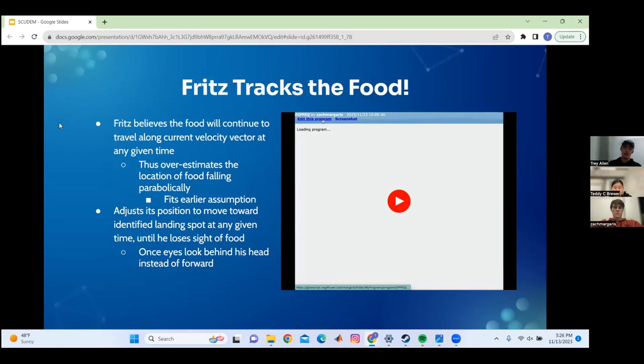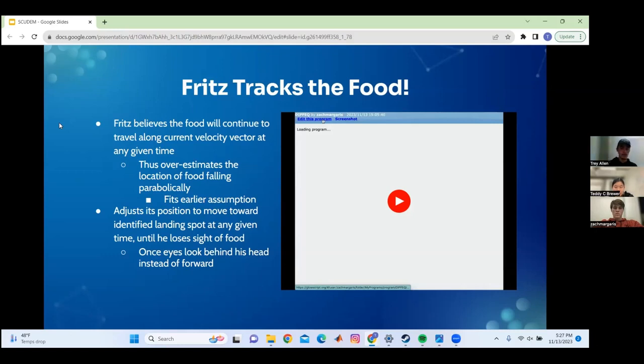This fits our earlier assumption that Fritz will overestimate the location of the food, because he will always be too far back and short of it. But he is constantly adjusting his position as the velocity vector adjusts. So he still, in a lot of cases, will be able to catch.